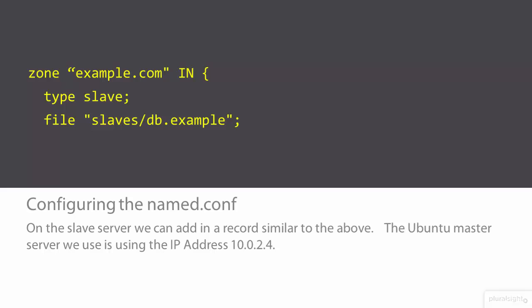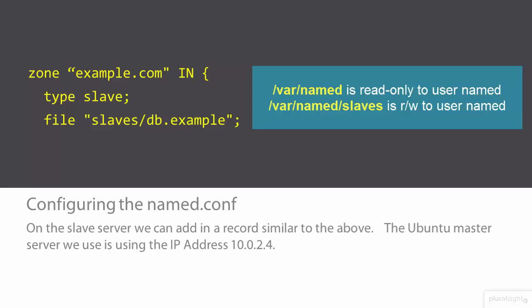Now on a CentOS system, if we haven't changed the directory directive, this will be pointing through to /var/named/slaves. Now this is a good directory to use because the DNS server, the name daemon, doesn't have rights to create files within the named directory.